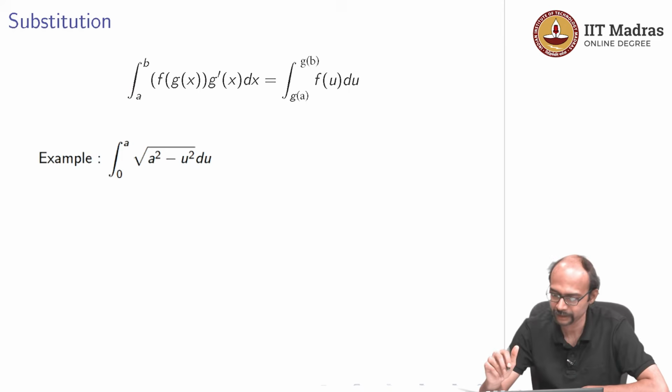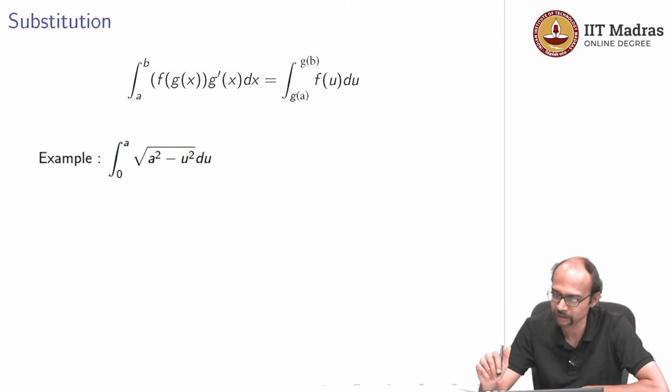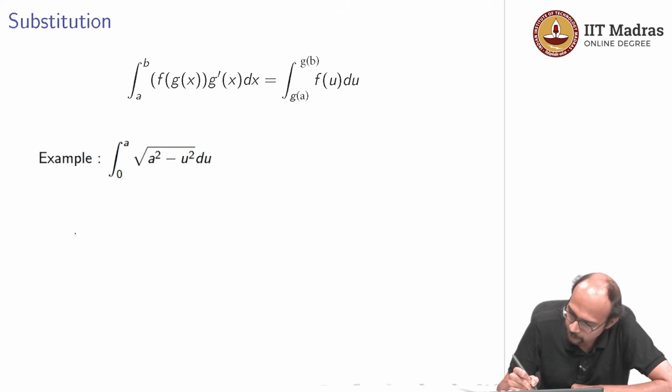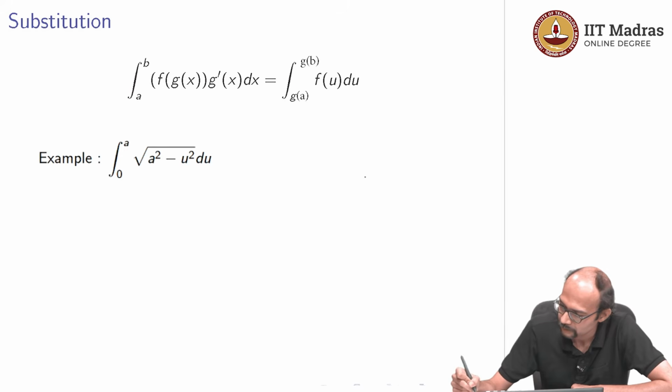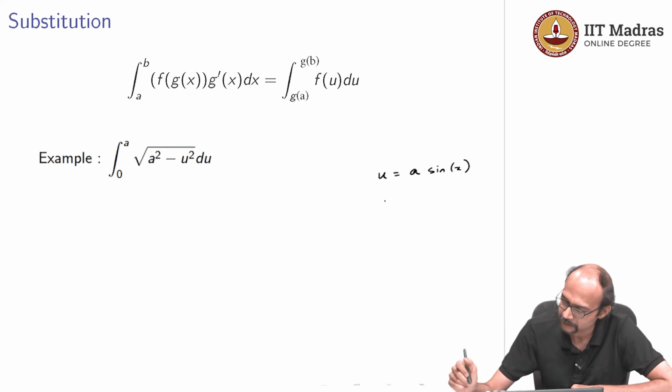So, let us look at the integral from 0 to a of the root of a squared minus u squared du. So, what is the substitution here? So, the substitution here is, you put u to be a times sine of x, right, and then what are the limits?